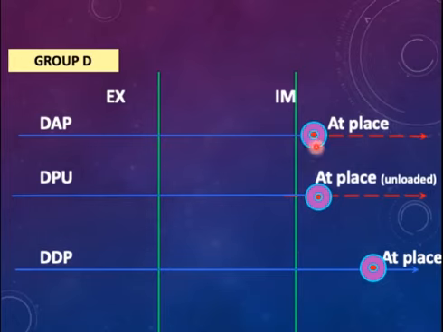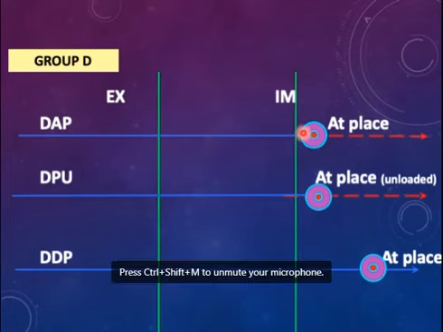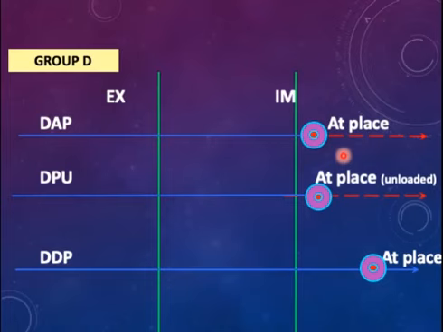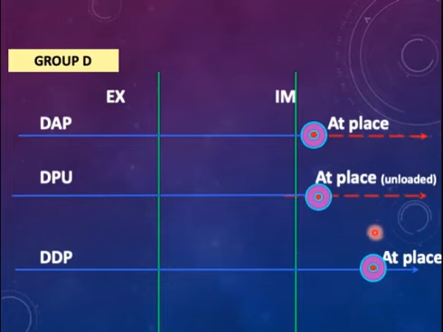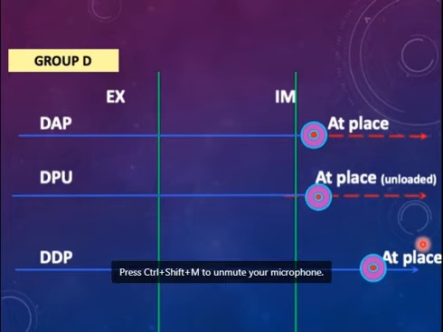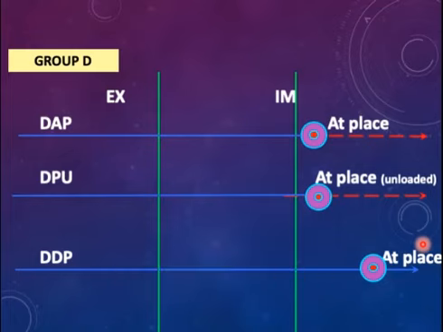How about the cost to the seller compared to group C? I think cost and risk of the buyer increase. Yeah, because risk. So obligation, cost and risk to the seller increase, right?